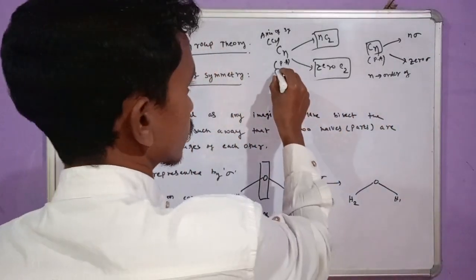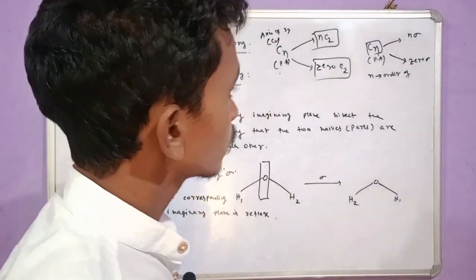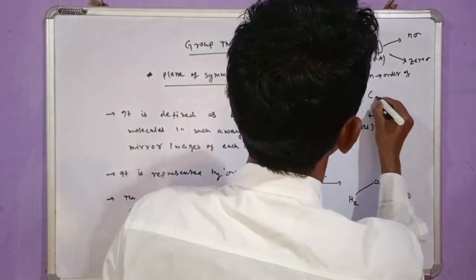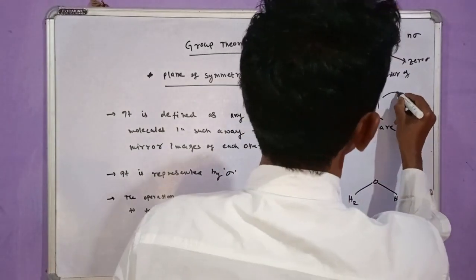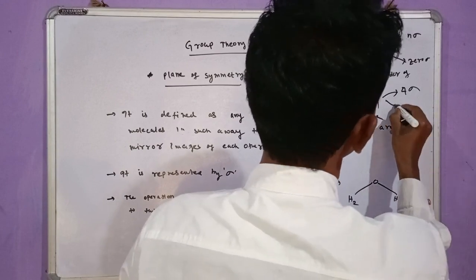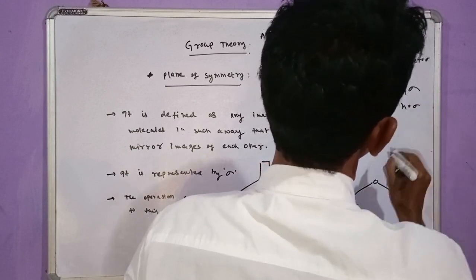Same case like that. So how many principal axes? Let's say if the principal axis is C4, then 4 sigma planes will be present, or no sigma is present. Like that, if C5, then n number of sigma will be present, or no sigma is present.